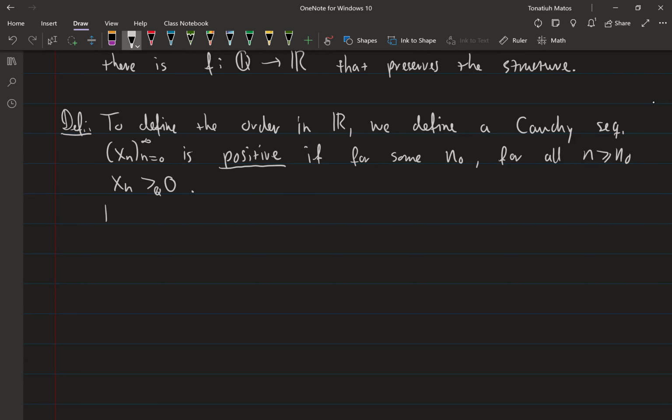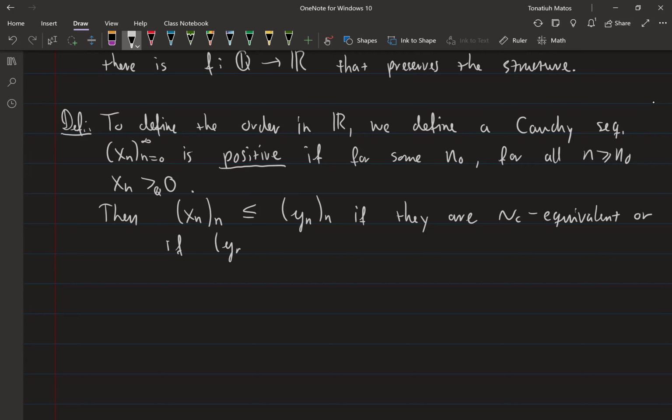That's what it means to be positive, and then we say that a real number x, or a sequence x, is less than or equal to a sequence y if they are equivalent, if they're equal, that is, or if subtracting the small one from the big one is positive, right?